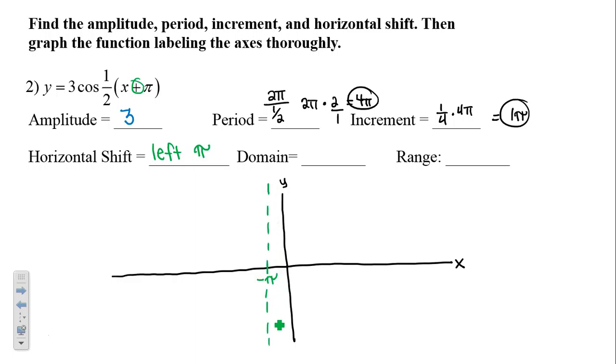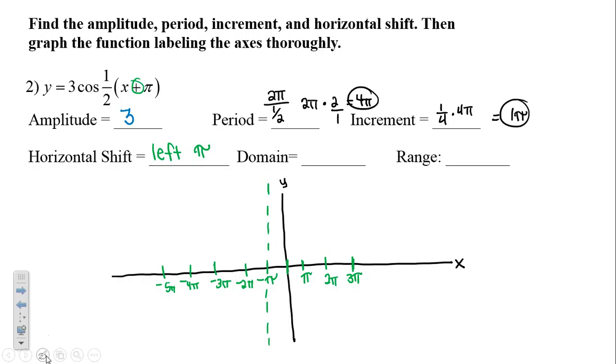Okay, draw my vertical line, and then this would be negative 2 pi, this would be negative 3 pi, this would be negative 4 pi, negative 5 pi will put us at a cycle. And then 0, don't forget about 0, and then we've got 1 pi, 2 pi, and 3 pi.